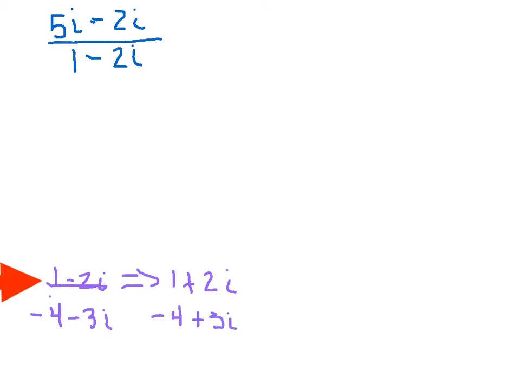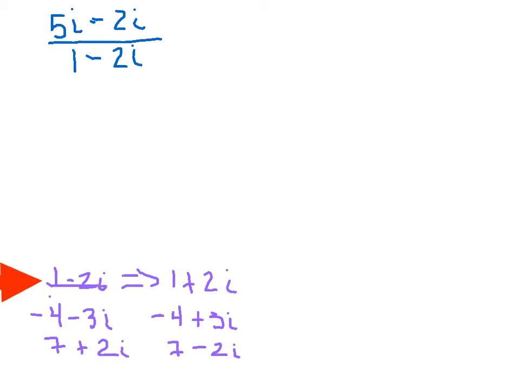If I had 7 plus 2i, the complex conjugate is 7 minus 2i. So you can see the pattern: the numbers are the same, and the sign on the i changes. That will get rid of my i in the denominator, which is what I'm after.